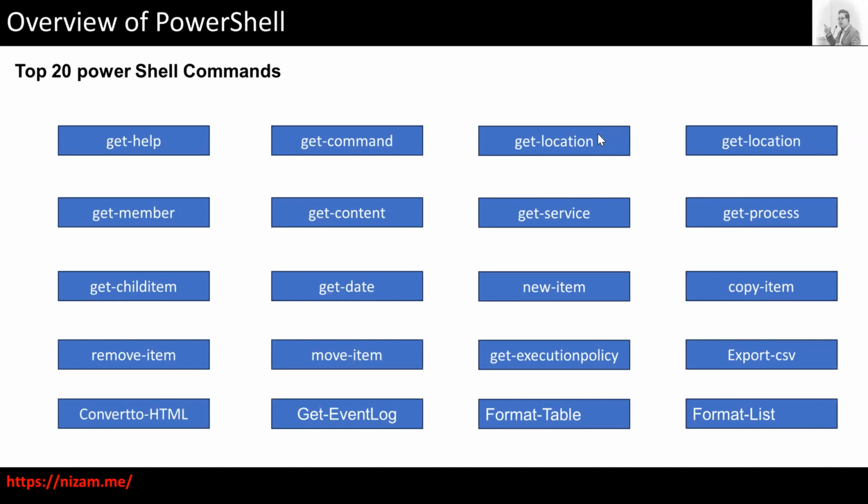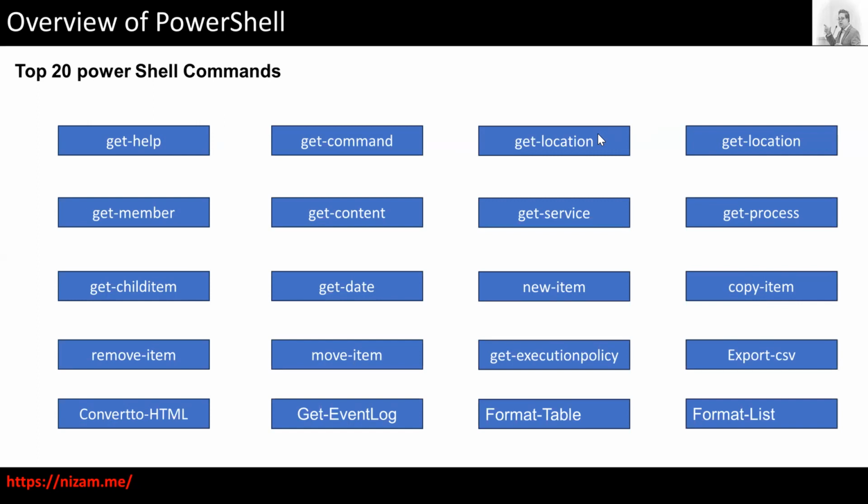If you are familiar with Unix, there we run a command called man, for manual. For example, if I say man space ls, it will give me the details of the ls command. Similarly, if I want to know any command's details, we can say Get-Help space that command.